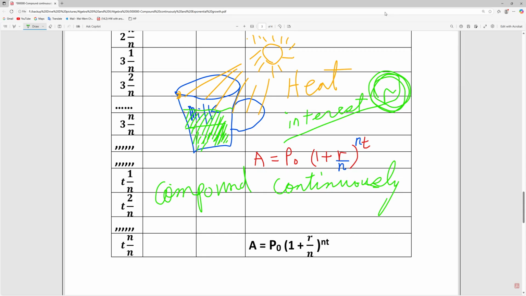So not every minute, not every second, it's every moment. So continuous growth every moment. So what's every moment? It means we talk about compound continuous. So what's n?